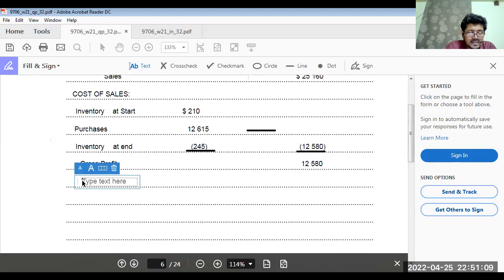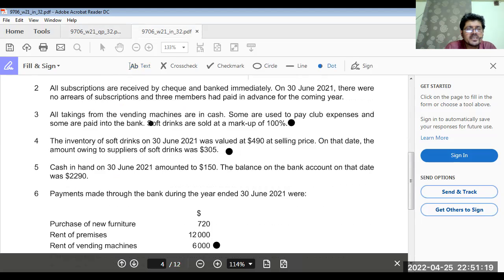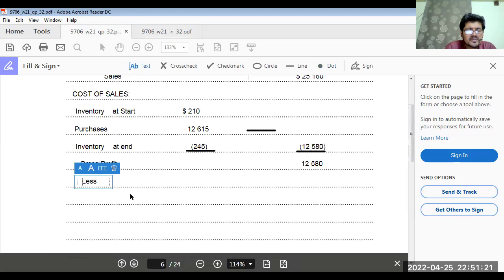Less that expense, vending machine rent. I think something is there. Let me check. Yes, rent of vending machine 6,000. So this is 6,000.